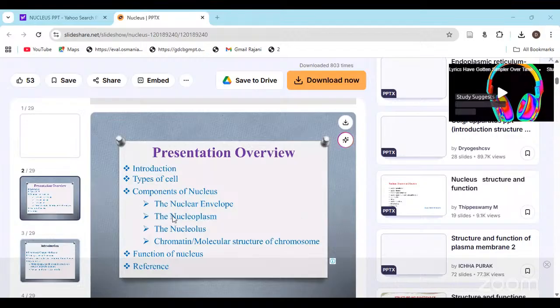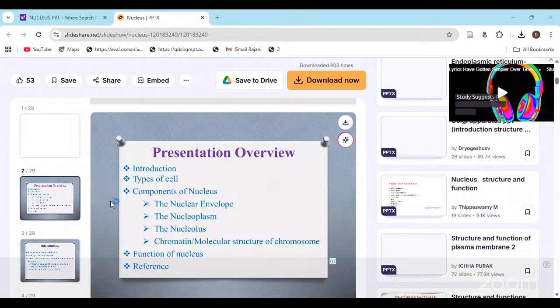Okay, what is the nucleus? Nucleus is a Latin word meaning kernel. It is the central control center of the cell. All the main controls of the cell are in the nucleus.